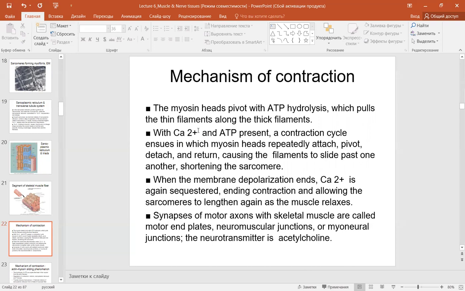When the membrane depolarization ends, calcium ions are again sequestered, ending contraction and allowing the sarcomeres to lengthen again as the muscle relaxes.